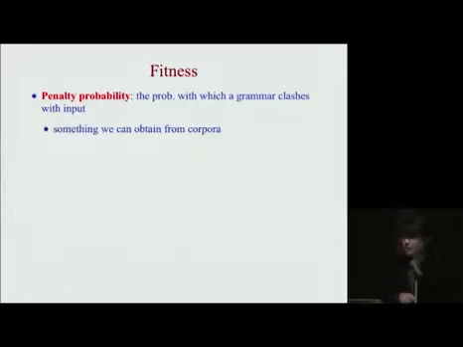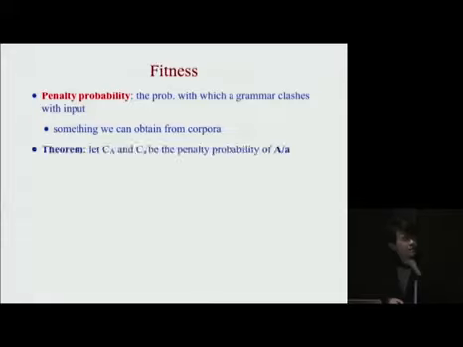So let's say the learner is juggling between the V2 grammar and the SVO grammar, and you're trying to see how those two grammars fare in an SVO environment. You simply count the percentage of sentences that are consistent with one and inconsistent with the other. You get two numbers between 0 and 1. Let's say these numbers are C of big A and C of small a, and this holds.